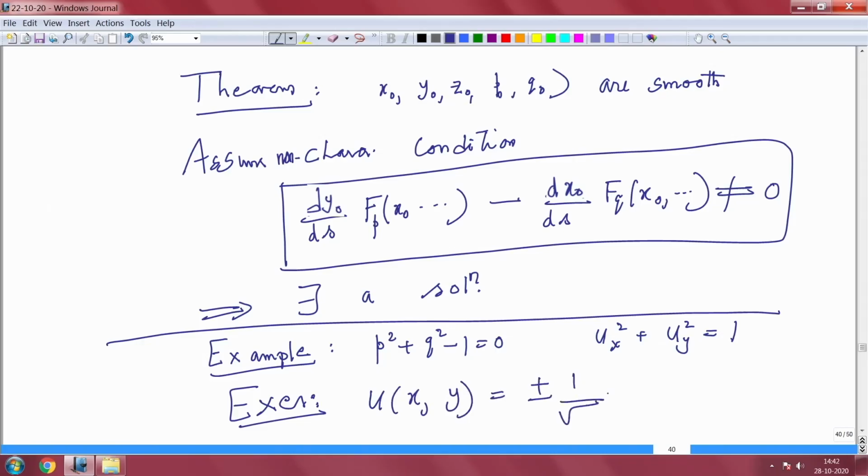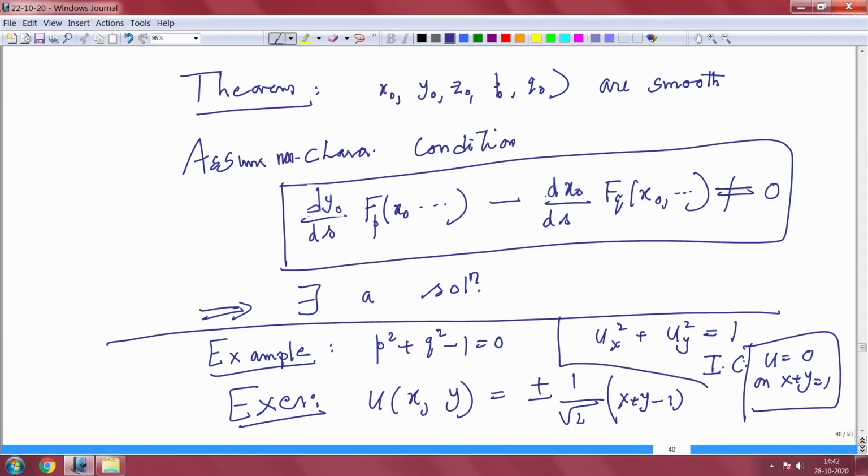The initial condition is u equal to 0 on x plus y equal to 1. This is your PDE and these are your two solutions.